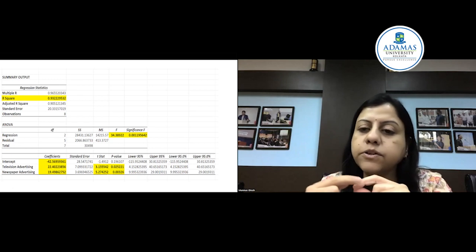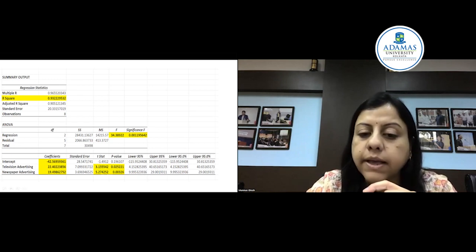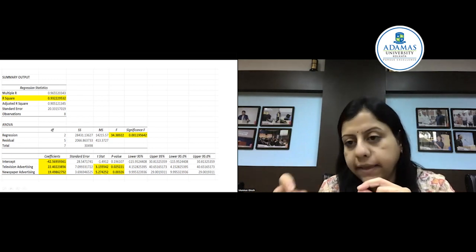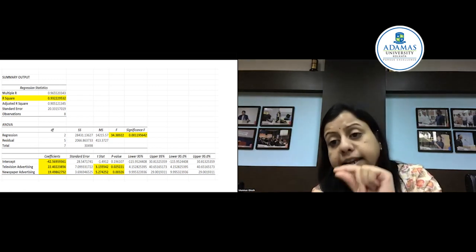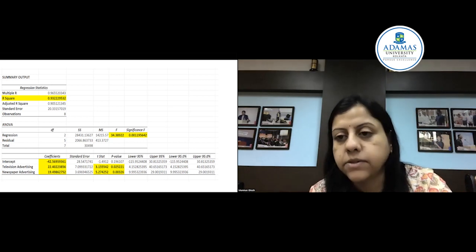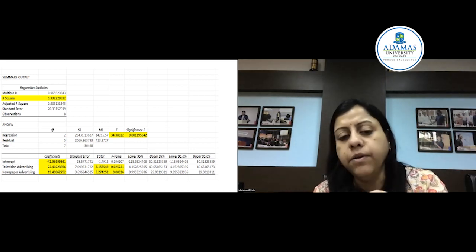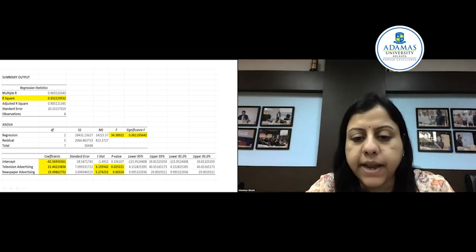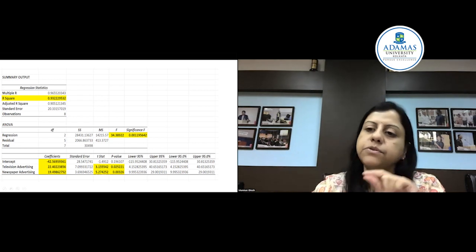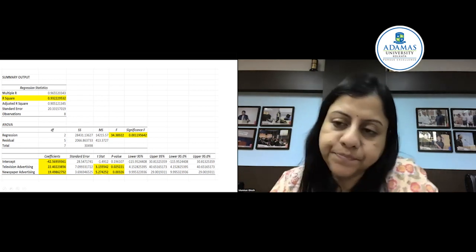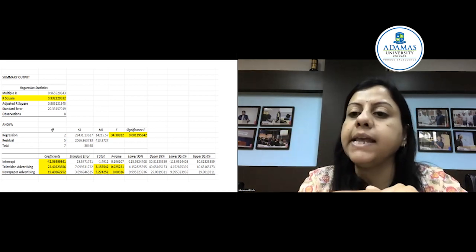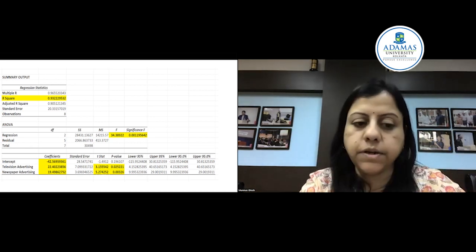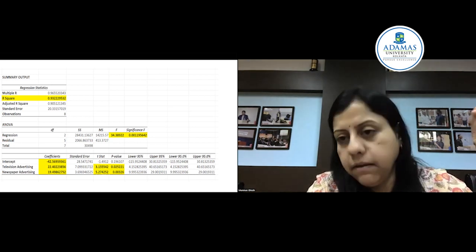So here, television advertising p-value coming less than 0.05 means that television advertising is significantly creating an impact on weekly gross revenue, and newspaper advertising, 0.003, again less than 0.05, says that it is also significantly creating an impact on what? Your weekly gross revenue.